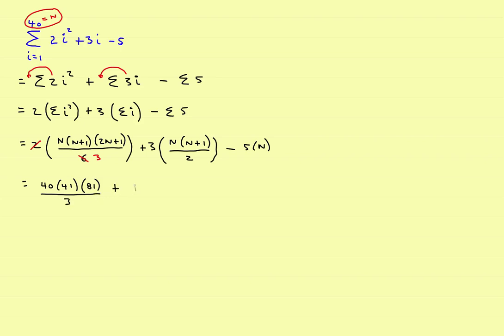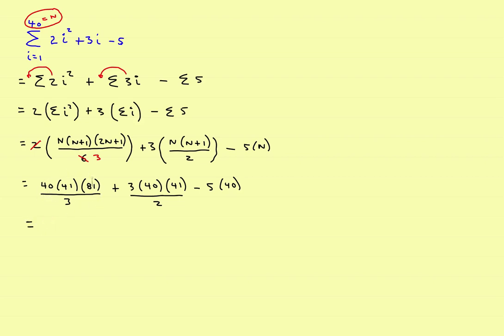Then plus 3 times 40. And then plug in a 40 here. 40 plus 1 would be 41. The entire thing divided by 2. And then finally, plus 5, and plug in a 40 there, and you'll have that. Okay, now individually stick each one of these things on a calculator.